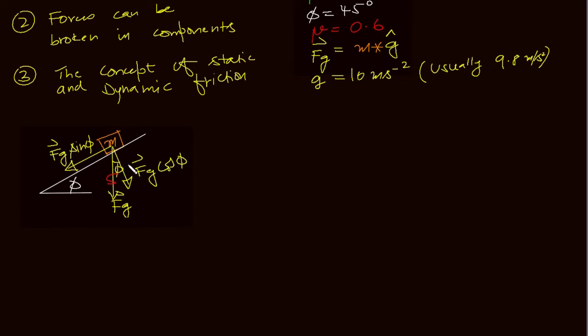This is also called normal force. Normal force, and the downward force is Fg sine phi. Because I'm teaching you how to solve problems, I will not go into more details of this. I recommend that you invest in learning this.